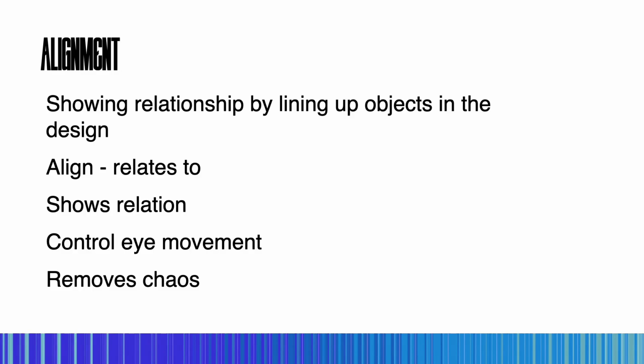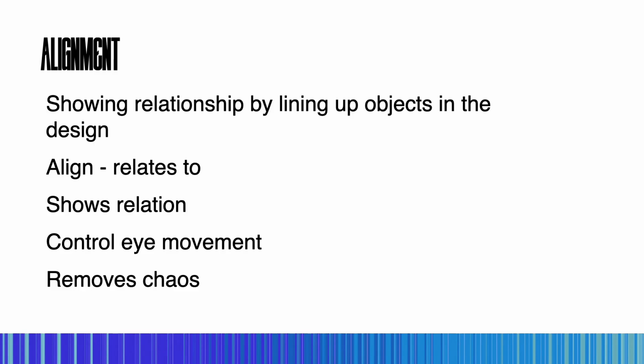Alignment shows relationships between elements by lining up objects in the design. This might be a body of text. This might be your text body, your copy, or this might be things like shapes or pictures in your design. Align refers to things that relate to each other. Alignment helps you to show that things show relation.